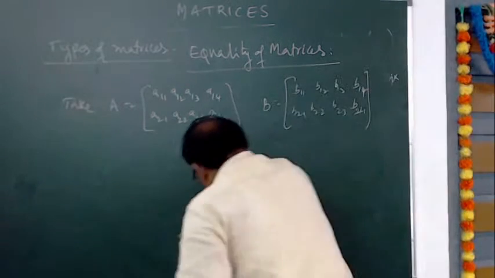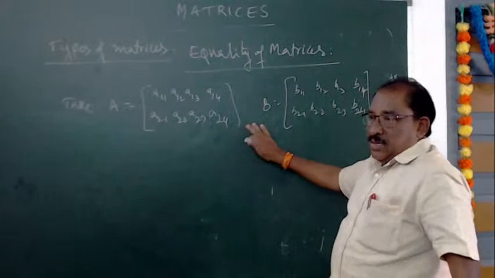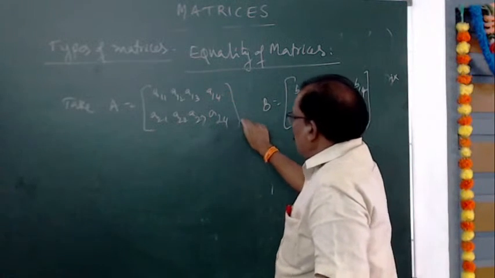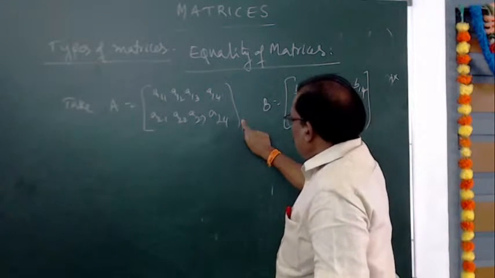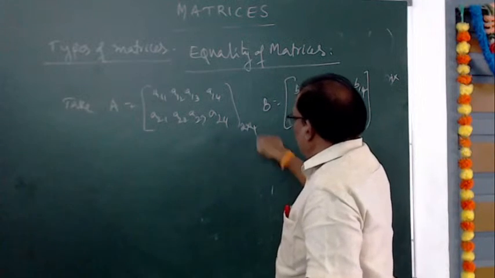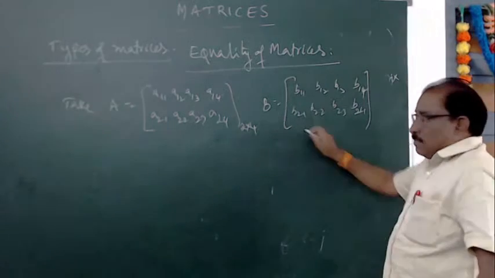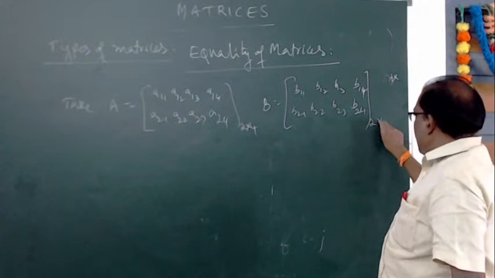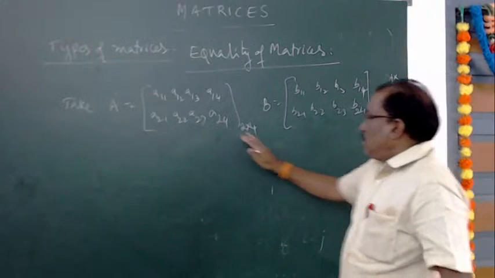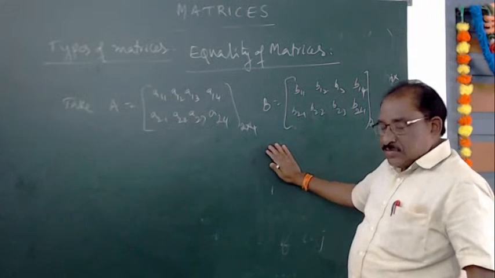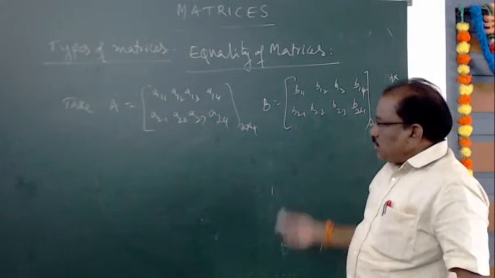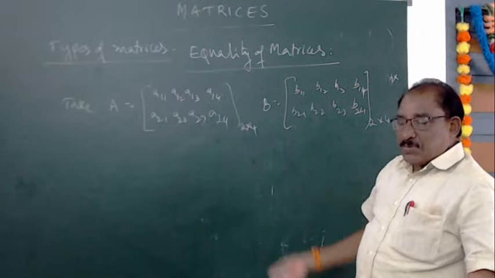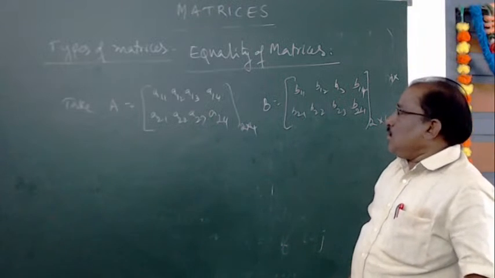corresponding elements are the same. That is, here the order of the matrix A is 2 by 4. And what is the order of the matrix B? 2 by 4. Here the orders are the same, and also the next one is the corresponding elements are equal.